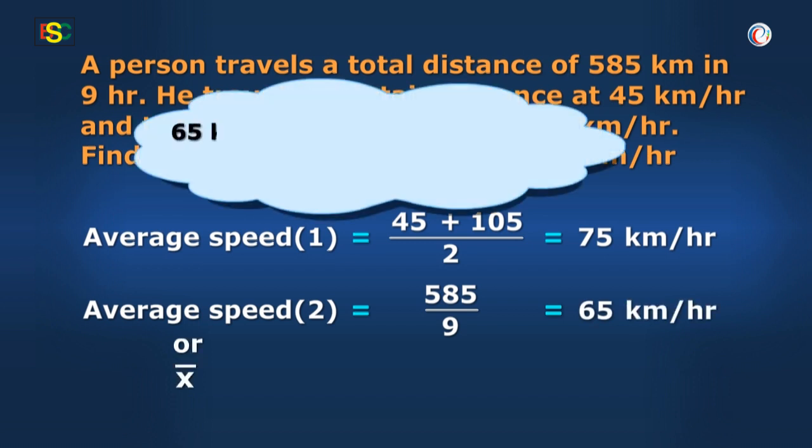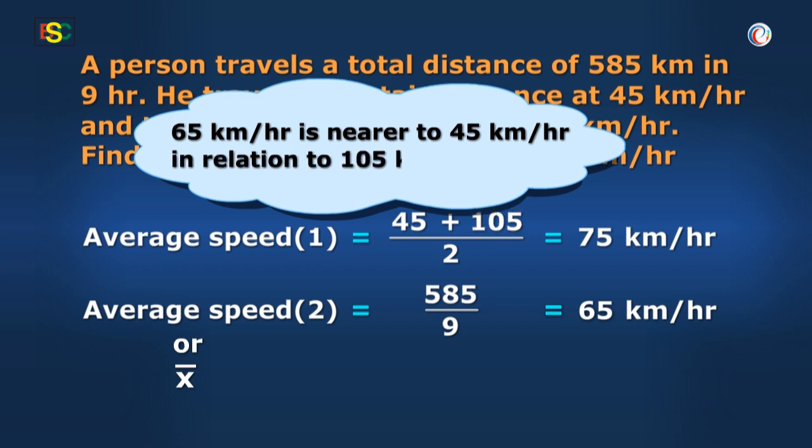And 65 kilometers per hour is nearer to 45 kilometers per hour in relation to 105 kilometers per hour. So clearly, he travels a large portion of the total distance at the speed of 45 kilometers per hour and a smaller portion of the total distance at the speed of 105 kilometers per hour.